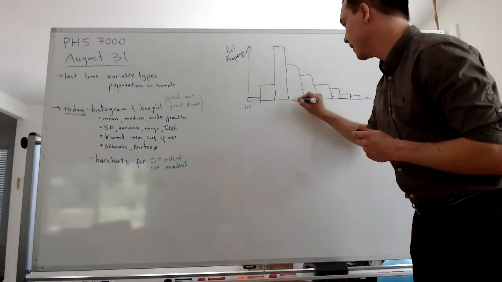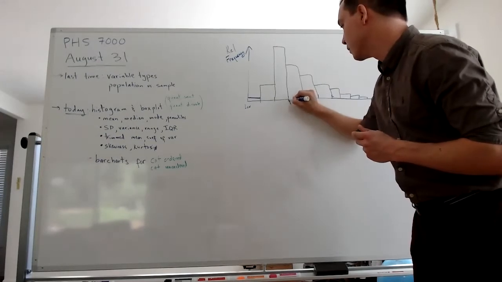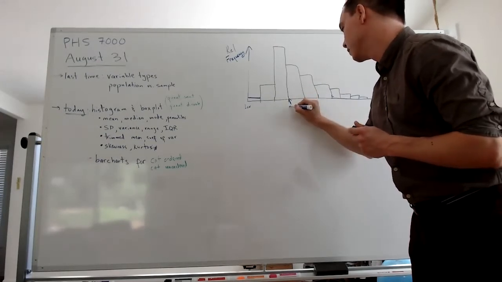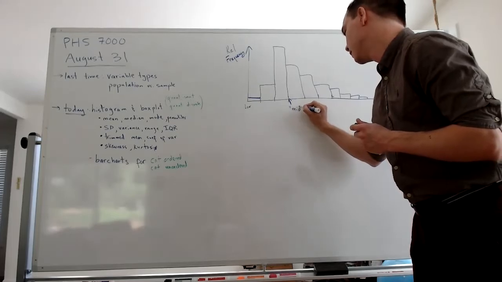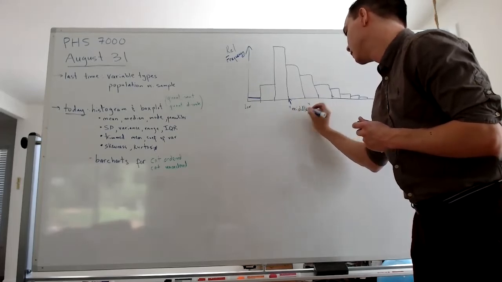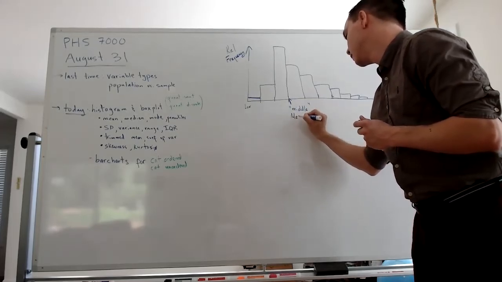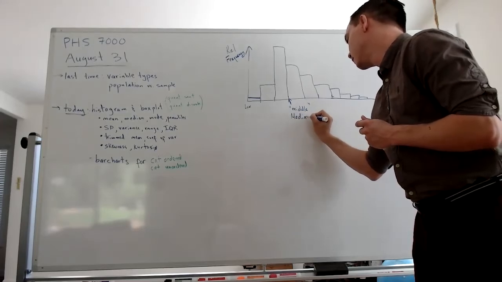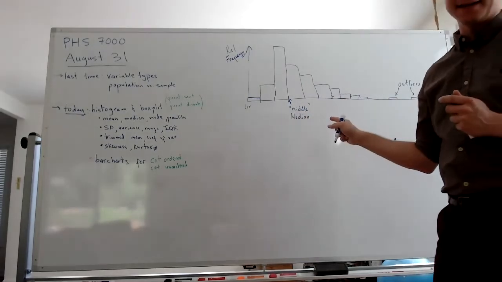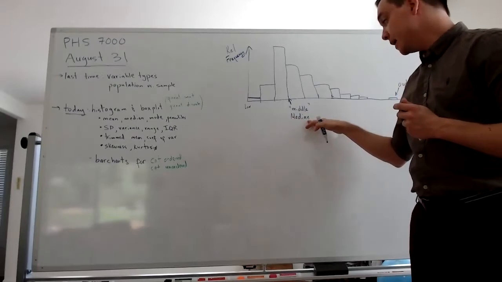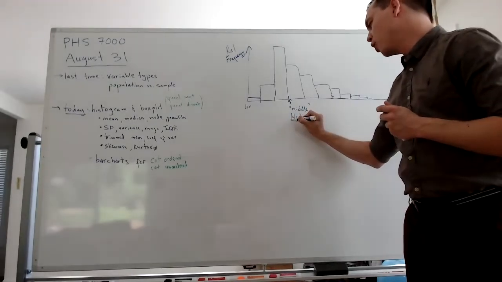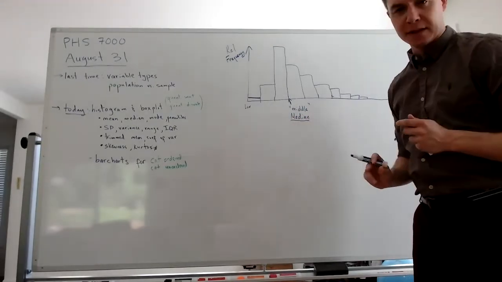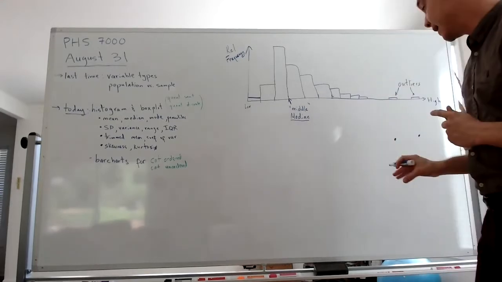So maybe I'm thinking the middle value is somewhere right in there. And I'll make sure to formally define these. This is the median. And I want to make sure to formally define it because, again, I did it towards the end of class, and I want to make sure that you guys got that information down.